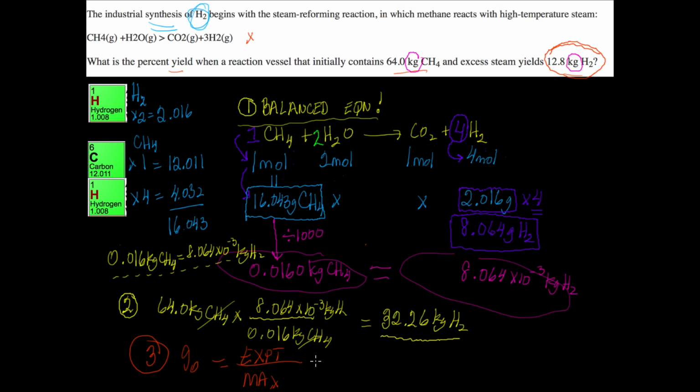In the experiment or at the factory, they've got 12.8 kilograms, and what we got maximum is what we calculated, 32.26 kilograms. Go ahead and multiply what you get on your calculator by 100 to move the decimal over, and we'll do this on our calculator. Multiplying by 100, I get 39.7% yield.